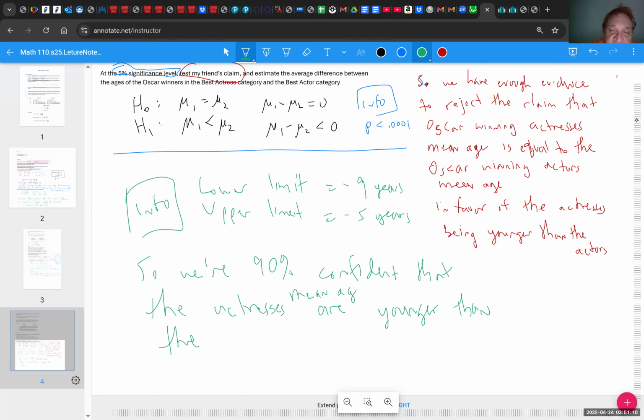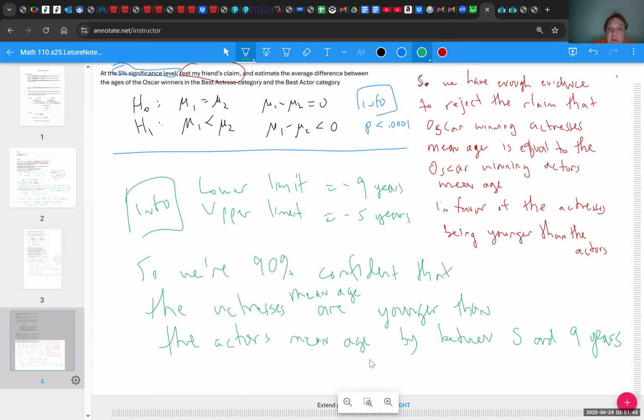The mean age are younger than the actors' mean age. Because I'm not just measuring people; I'm measuring their age, right? So the actresses' mean age are younger than the actors' mean age by between 5 and 9 years. Okay, so that is the confidence interval for the matched pair thing.